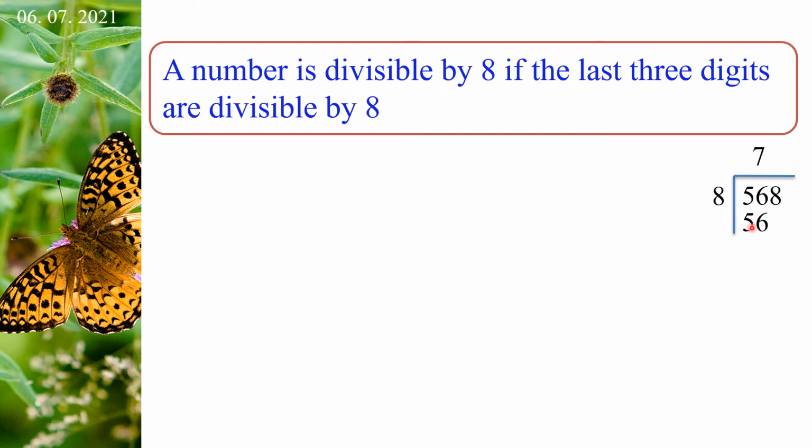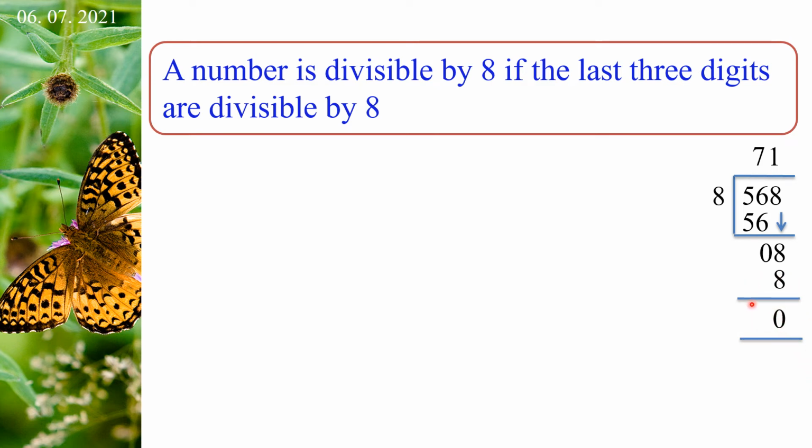Next subtract 56 from 56, so we get 0. Next bring down 8. Here 1 eight is 8. So next subtract 8 from 8, we get 0. So now the remainder is 0.